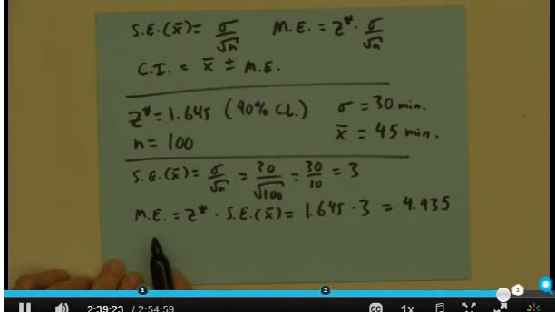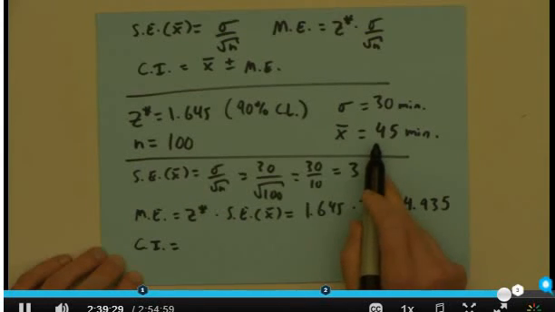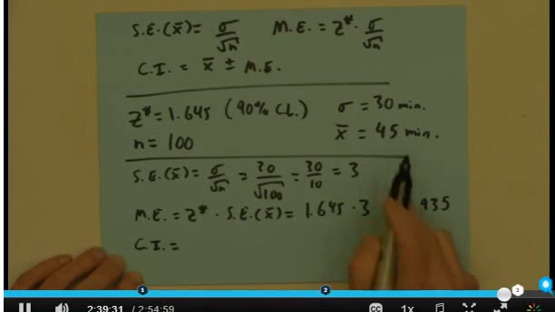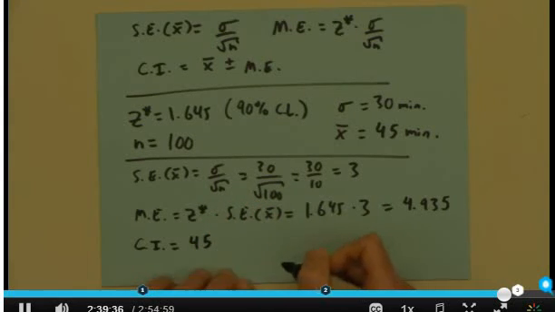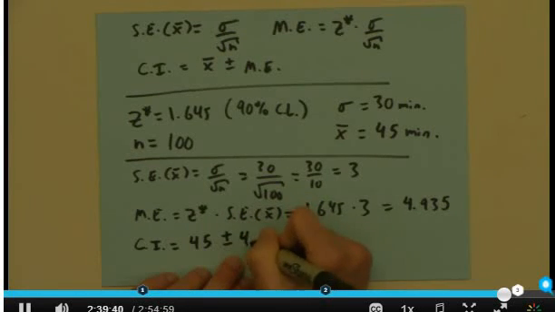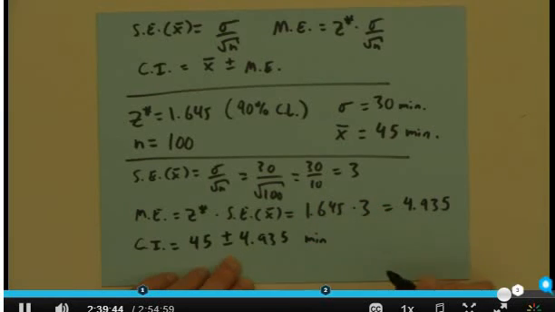Now, once I have the margin of error, I can produce the confidence interval by taking my midpoint, which is whatever I found in the sample, 45 minutes, and adding or subtracting the margin of error, which is 4.935 minutes.